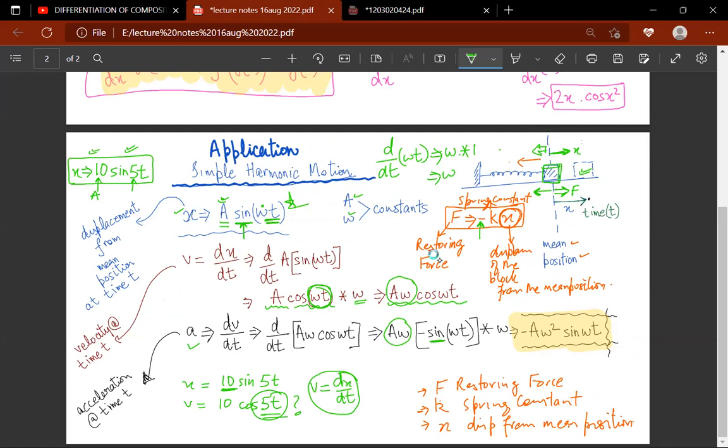This is the mama function, this is the mama function, this is the derivative of the mama function. And the derivative of the baby function is written here, omega. And the whole derivative is minus a omega square sine omega t. Are we relatively clear? I understand that this is confusing. But compared to yesterday, are we relatively clear?